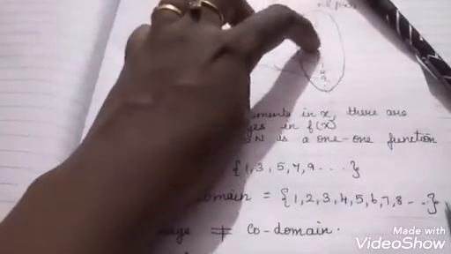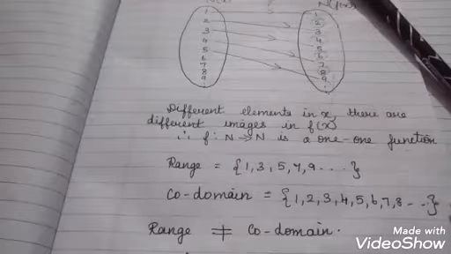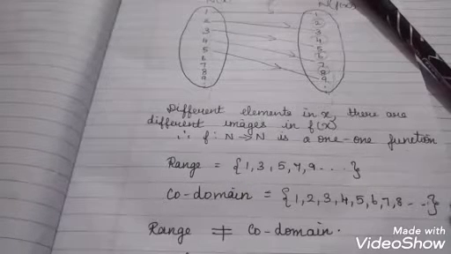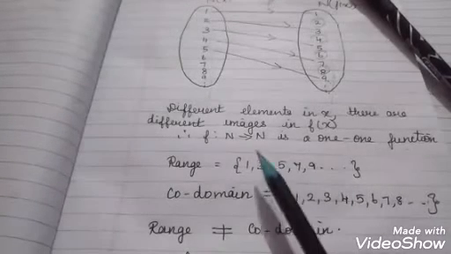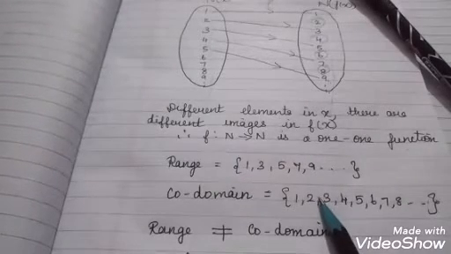They are all not mapped here. So from this, what can I say? Your f is said to be a one-to-one function but not an onto function.